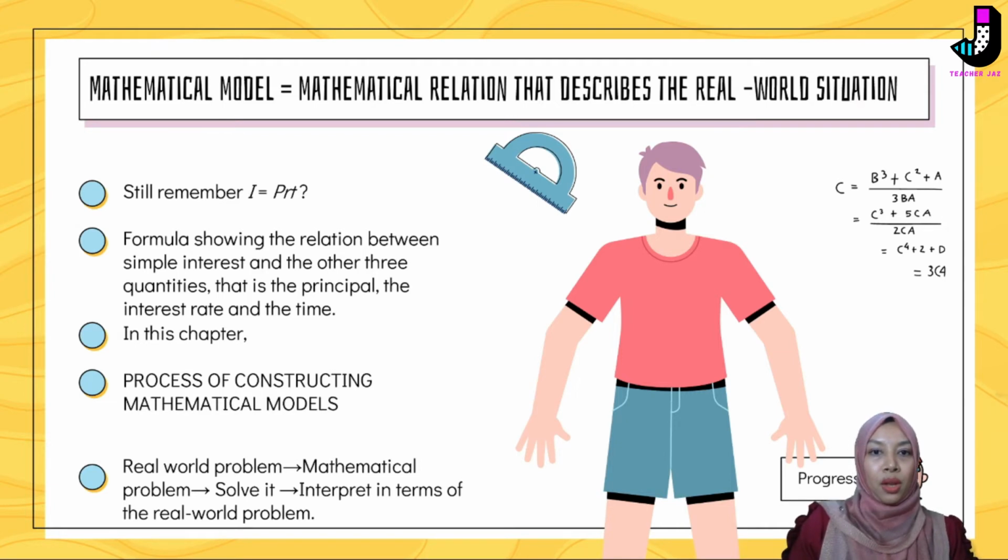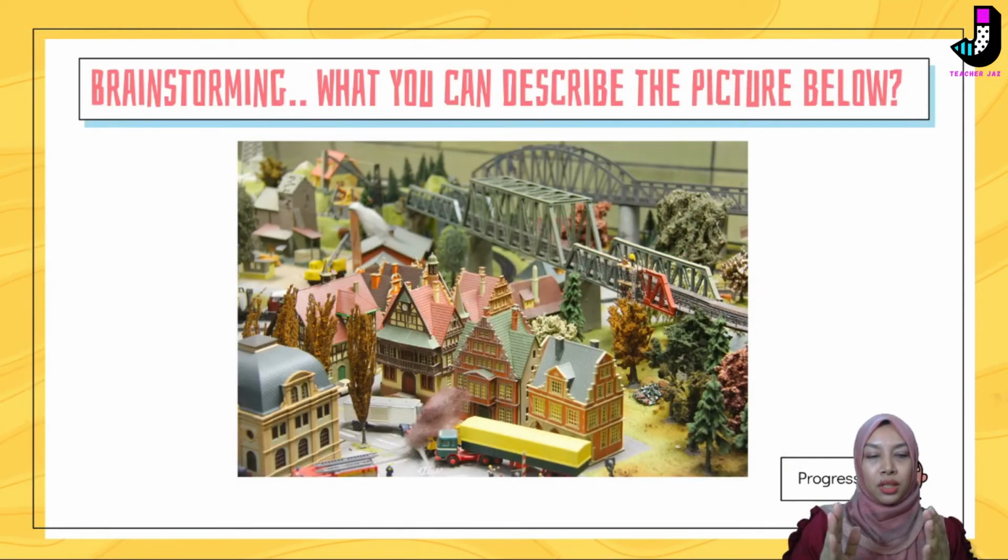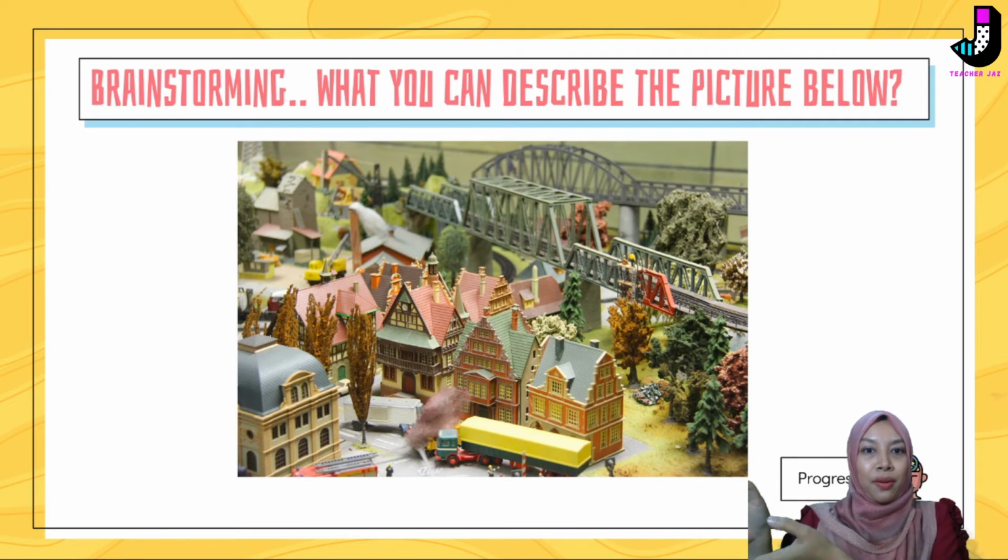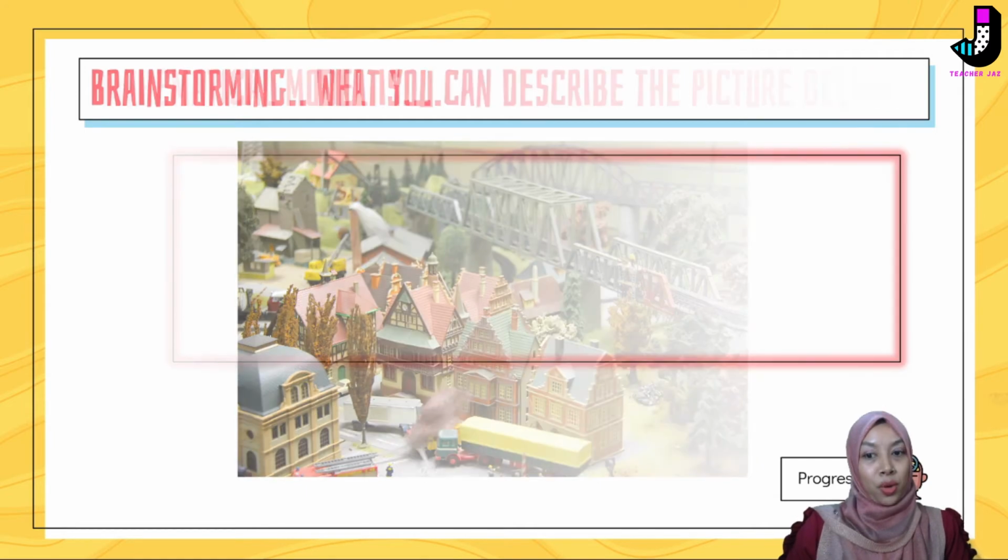Just for brainstorming, how can you describe the picture below? Yeah, it's a town. It's a model of a town, a model of buildings. But actually, this model represents the real buildings outside. So does the mathematical model.